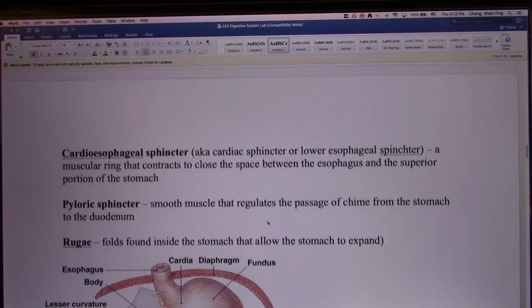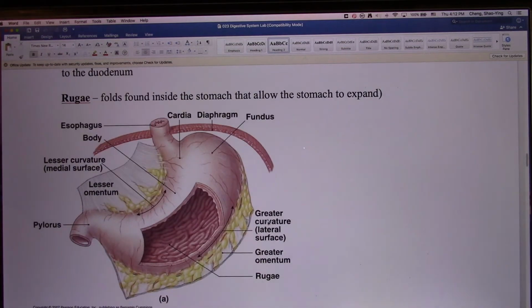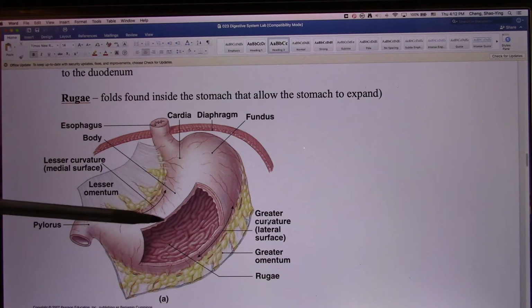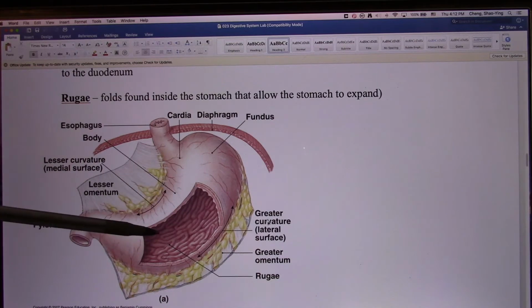The stomach has these structures. The rugae are the folding structures inside the stomach, so the inside of the stomach is not smooth.